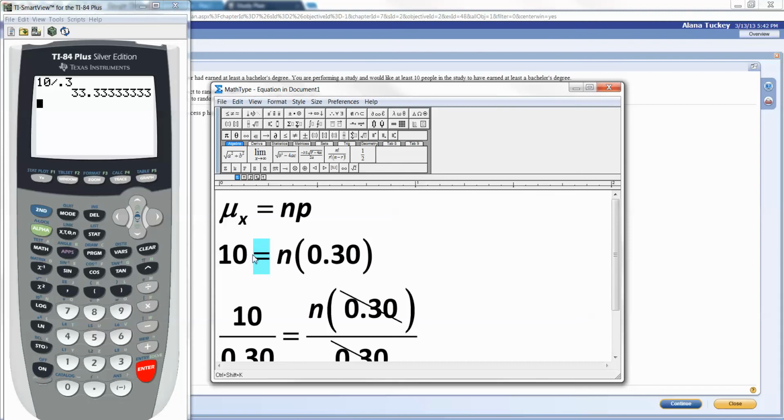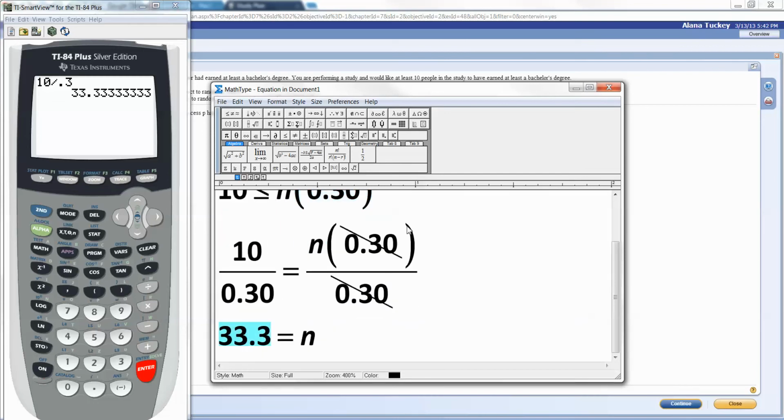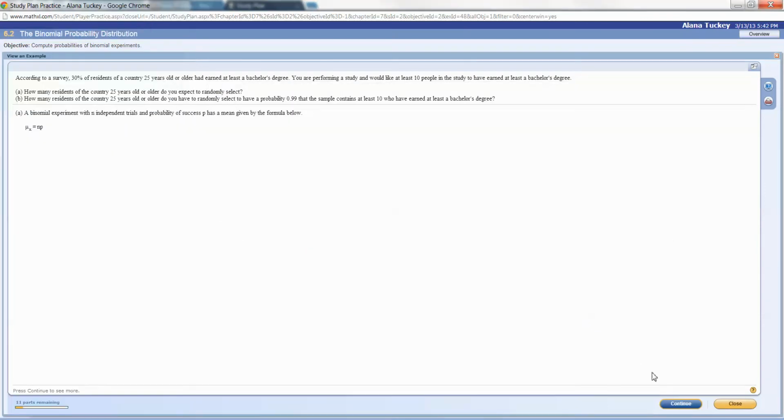But we're not going to get too bent out of shape about that. So technically we want 34 or higher, or 33 or higher, but it's fine. We would probably have to round this up to the nearest person, because of course you can't really get 33.3 of a person.